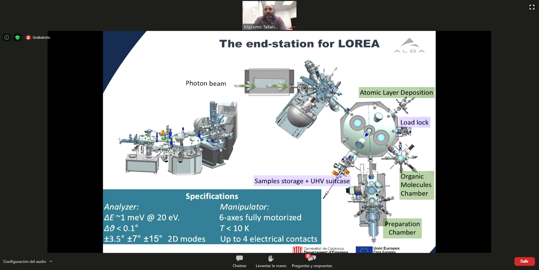We have the possibility to have 4 electrical contacts on the sample. So one can think to make electrical measurements in the analysis chamber.